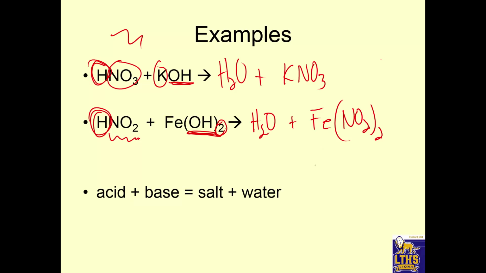Iron here is +2, and nitrite is -1, and I need to balance those charges. So this is water, and this is an ionic compound. Here, this is a K positive and an NO3 negative, so that's an ionic compound we'll call a salt. Hey, look, water, salt. Acid plus base makes salt and water.